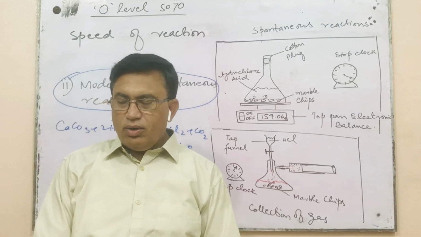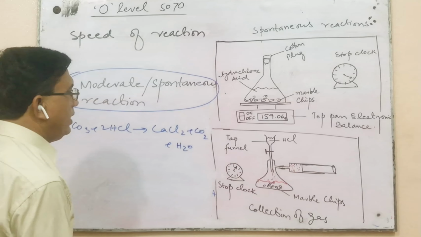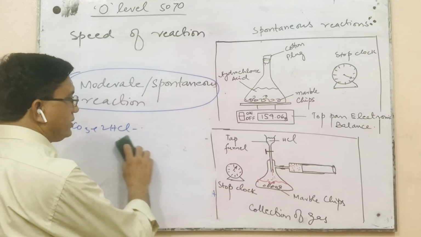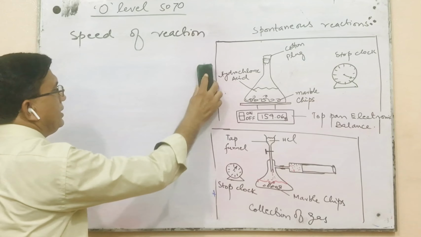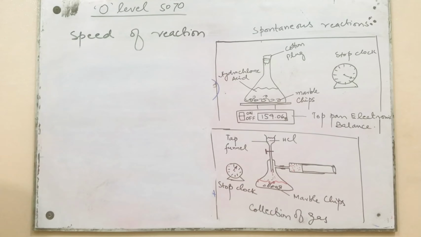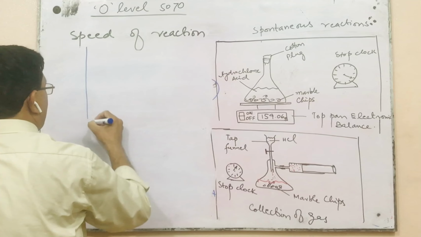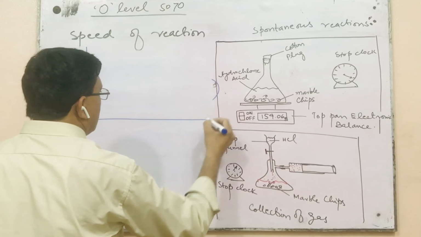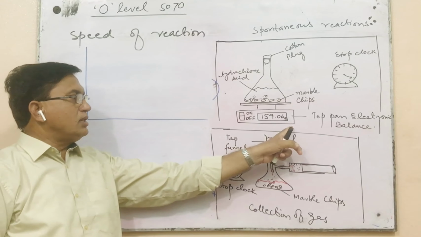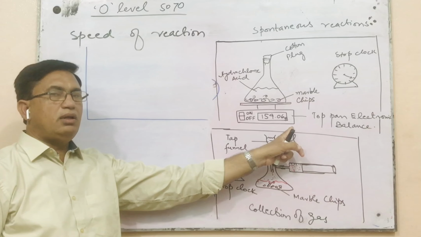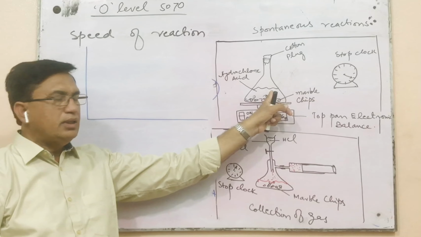Now, when we plot a graph, from the graph we can easily calculate the rate of reaction, both average and instantaneous. For example, if we plot a graph with respect to time, of the change in mass of the reaction contents.